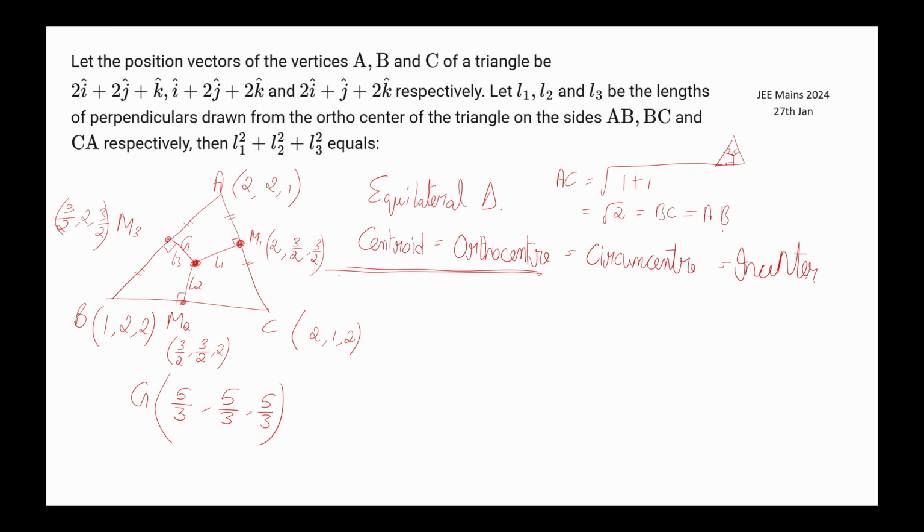So basically there are 2 2s and 1 1s in all these 3, and they have been arranged in a different combination. That means this can be an equilateral triangle. So we do not take any risks, so we simply just calculate the distance between AC, BC and AB, and we found out that all the length of the sides were same, which was root 2. That means this was an equilateral triangle, and after we found out that this was an equilateral triangle, the entire solving of the question became very easy for us.